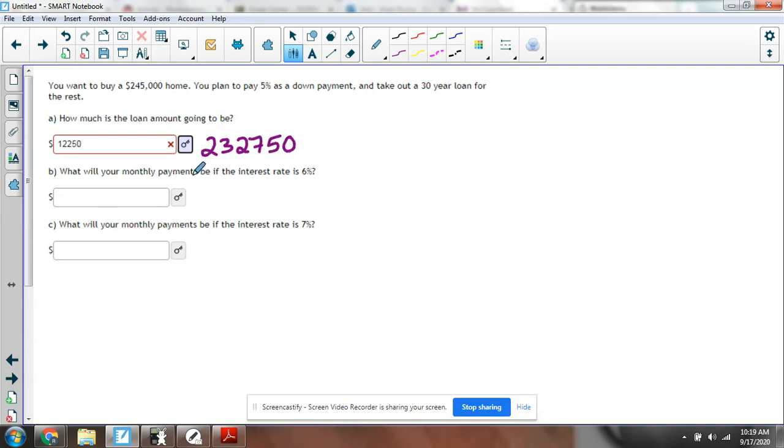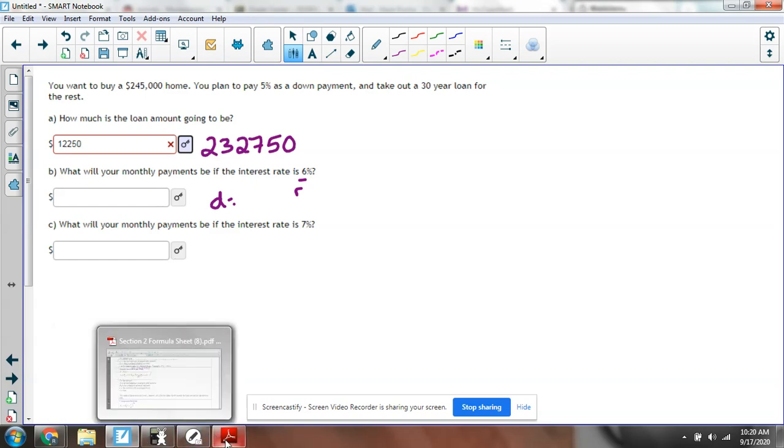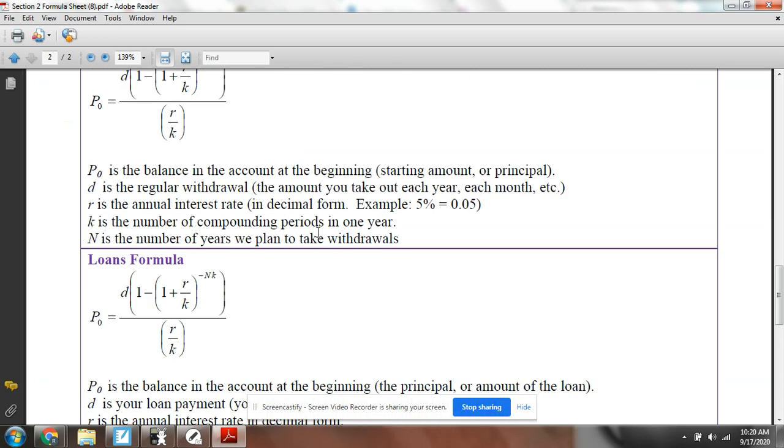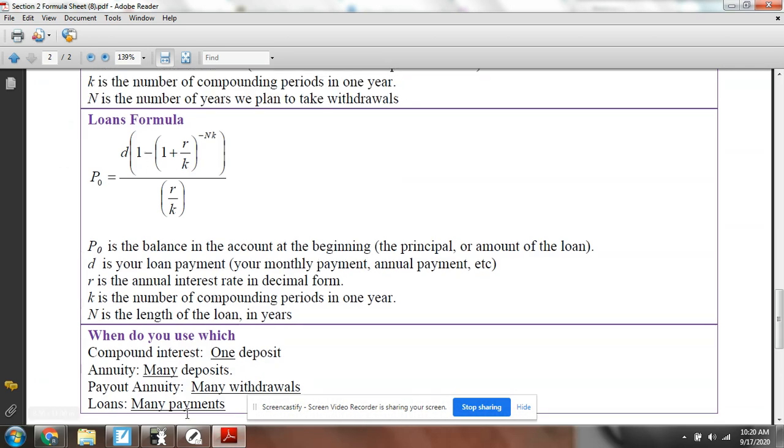It says, what will your monthly payments be if the interest rate is 6%? Okay, so that's R. I'm looking for the monthly payment D. Multiple payments, so that's going to be a loan problem. So if you go to your formula sheet, loans, the very last formula.